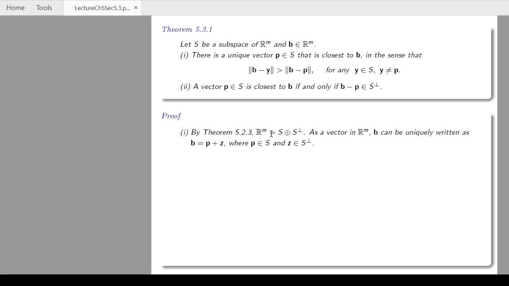So Rm equals S plus the orthogonal complement of S. Then we consider a vector B. Recall B belongs to Rm by the assumption. Based on the theorem, B can be uniquely written as the sum of P and Z. Here, P belongs to the subspace S and Z belongs to the orthogonal complement of S.